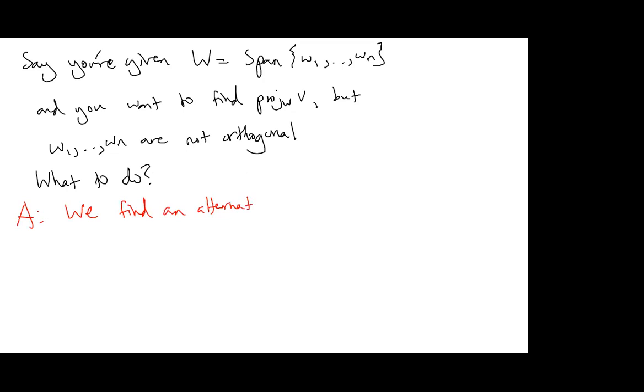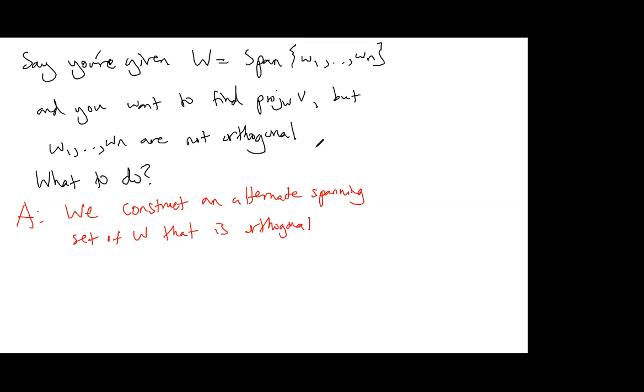We're going to construct an alternate basis, an alternate spanning set, for W that is orthogonal. And we do this from the original vectors, W1 through Wn. We're going to take them and construct another spanning set, and make it orthogonal. And this process has a name.